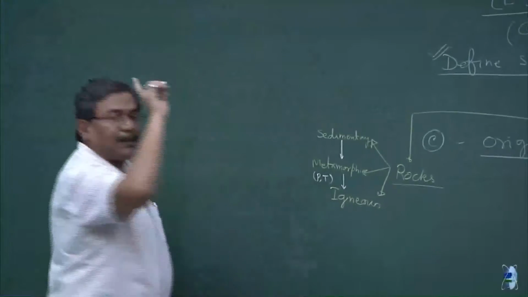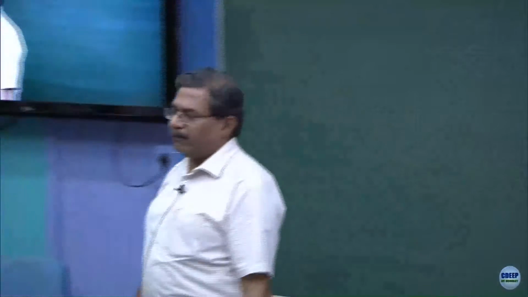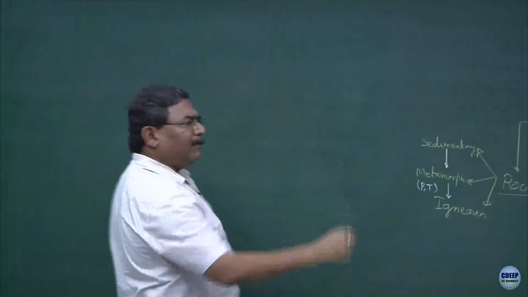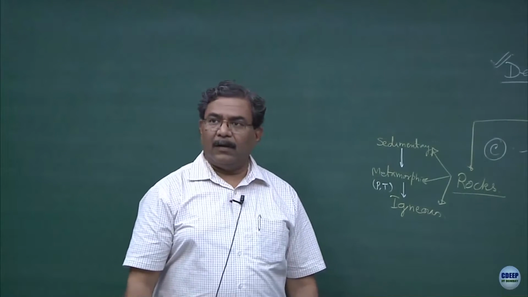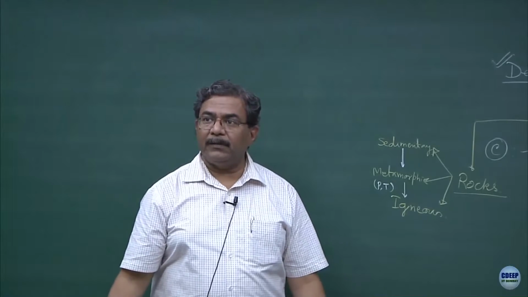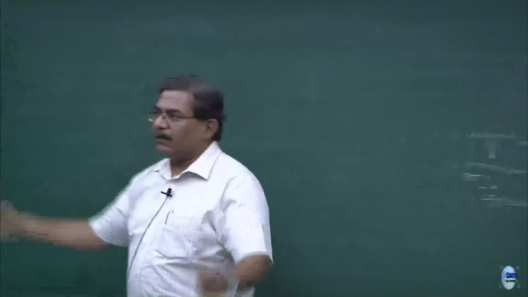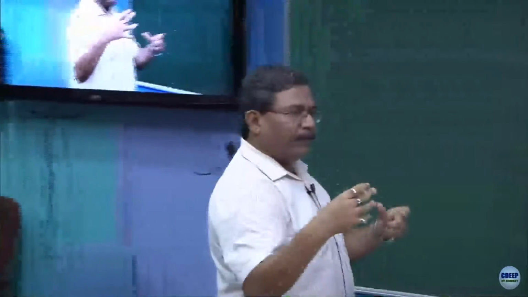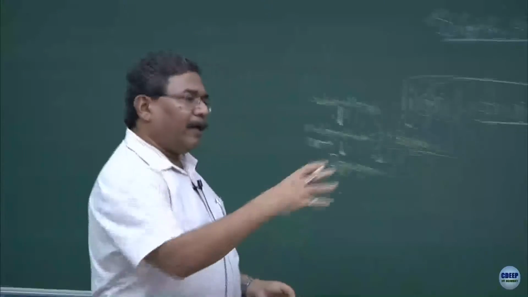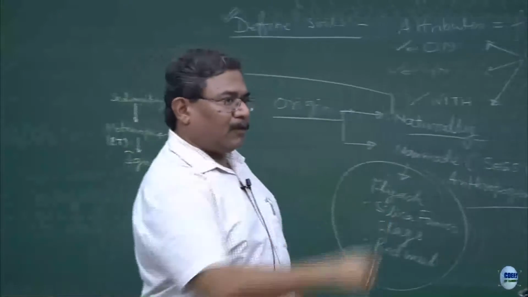So, sedimentary is something, please understand this concept carefully, this is going to be useful forever. You have seen deltas, alluviums, fan formation. Sundarban is a beautiful example of the delta which has got created at the junction of the Bay of Bengal and Hooghly river. So, what has happened?